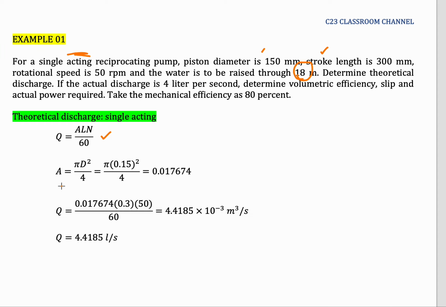So the A here is the cross-sectional area of the piston. Because we have a piston diameter of 150 millimeters, we could calculate the value of A as 0.0176674 meter square. And then the Q, the flow rate, can be calculated as this one.